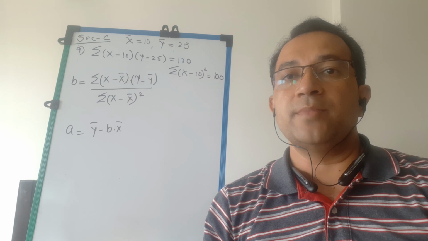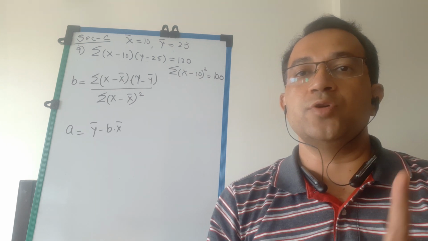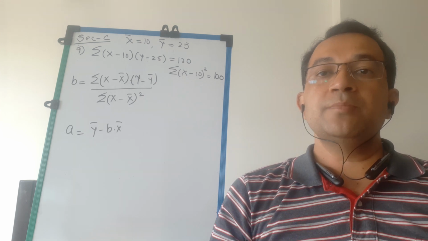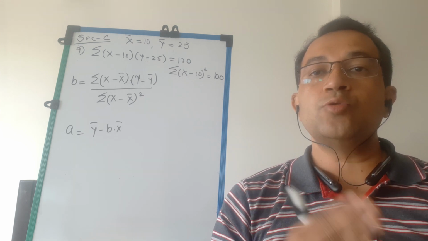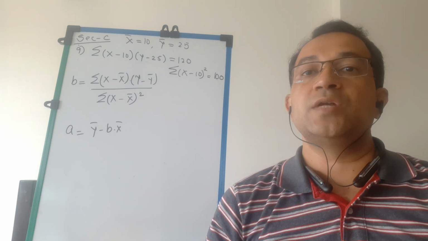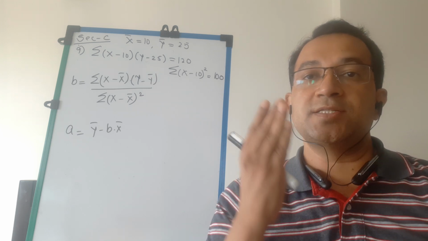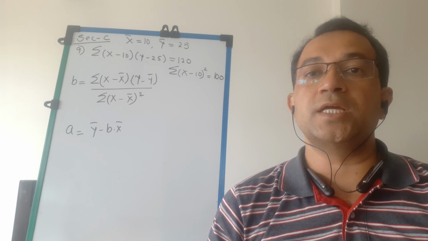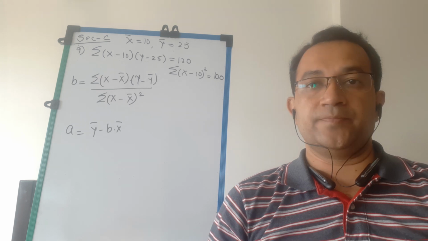As x bar and y bar are integers, we are going to use the first formula to find b. Now remember, throughout the chapter, our first target will be to find b and our second target will be to find a, because we require b to find a.